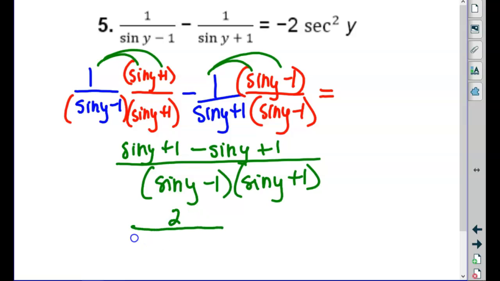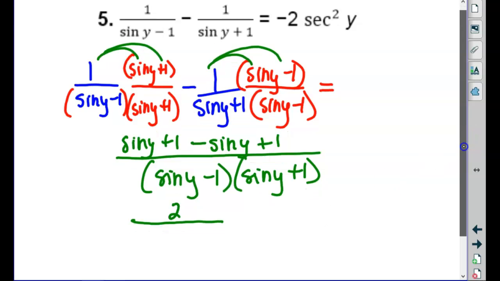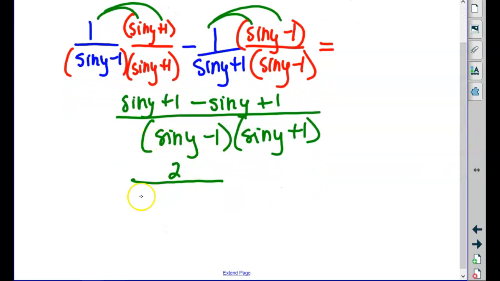What can we do down on the bottom? Sine squared. Yes, we can FOIL it together. Sine squared of y plus a sine y minus a sine y minus 1. The middle two terms would cancel out. So I have a sine squared minus 1. Now, the Pythagorean identity says cosine squared plus sine squared equals 1.